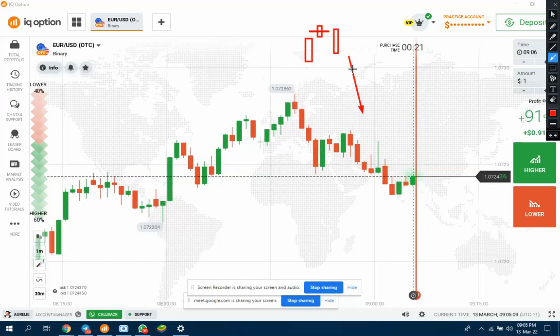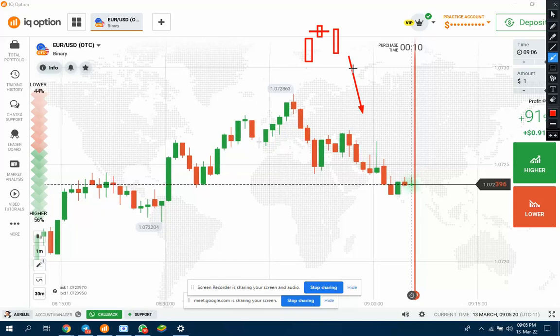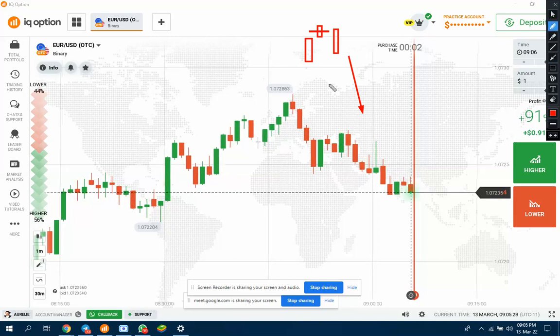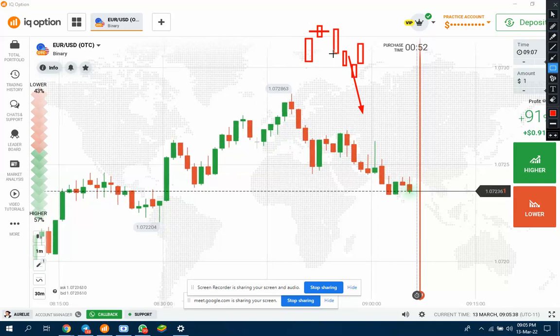The reason why is because in binary, you trade 1 minute expiry time or any expiry time you want to trade on. If you are trading on 1 minute expiry time, you also trade on 1 minute candle. Or 5 minute expiry time, you trade on 5 minute candle. Or 2 minute expiry time, you trade on 2 minute candle, and so on. So in a situation whereby you are trading on 5 minute expiry time and 5 minute candle, the first candle went down, second candle went down, the third candle went up.